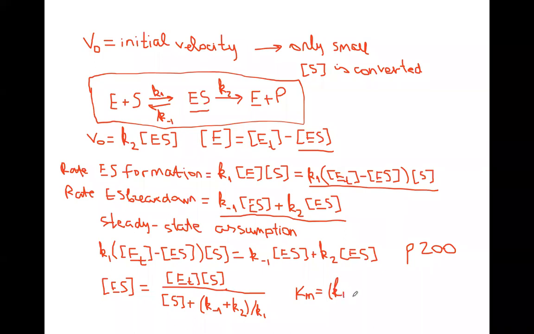It equals K-1 plus K2, divided by K1. This is the Michaelis constant. And with this, then we can rewrite our expression.